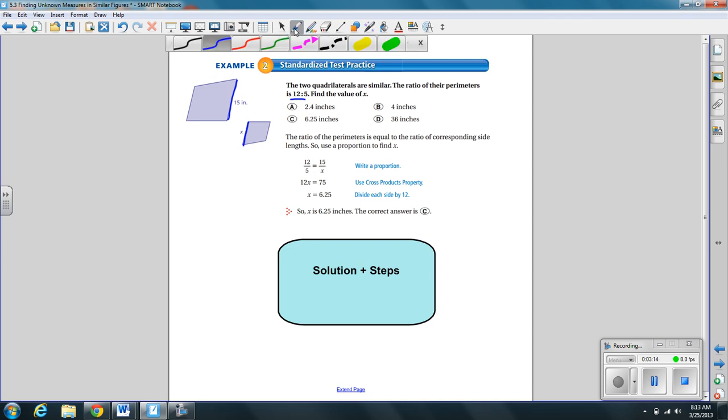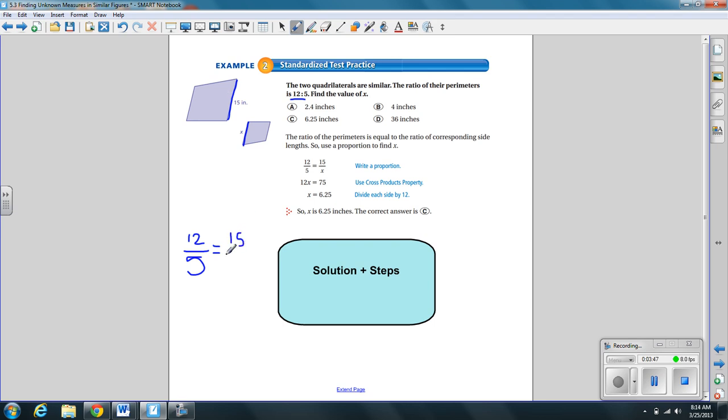So since we already know one of the ratios to write the proportion, why don't we start there? 12 to 5. Okay, and it's also typed nicely up here for you. And we're going to set that equal to 15 to x. And notice the sides that I have highlighted in blue, those are the corresponding sides. This figure has been turned in relation to this figure here.